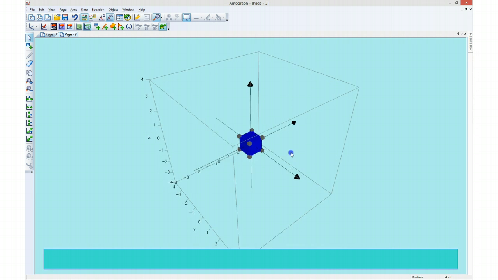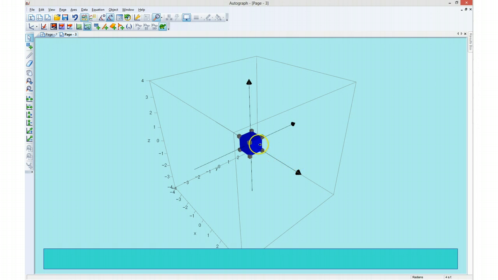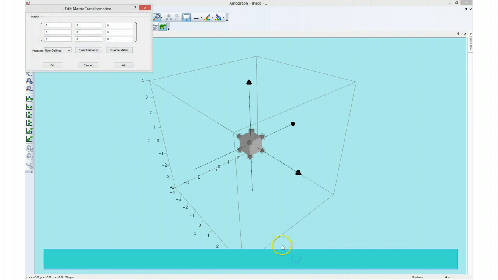Right, so I've drawn a cube into here in AutoGraph, and what we're going to do now is apply the transformation matrix to this. So if I just select that and matrix transformation. Okay, and the matrix we will be looking at is this one. So 0, 2, 0, and 1, 3, 2.